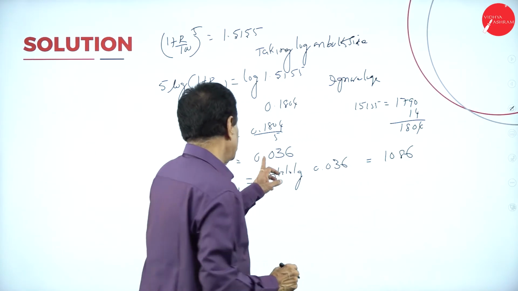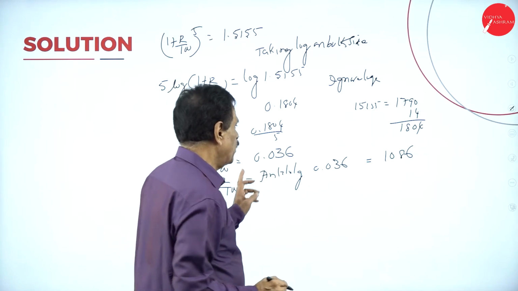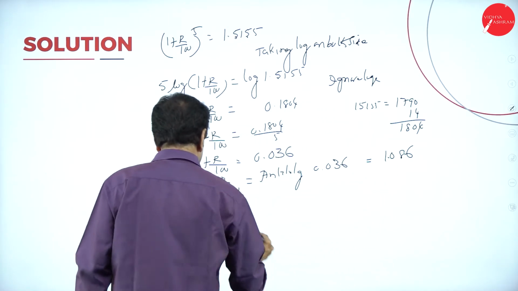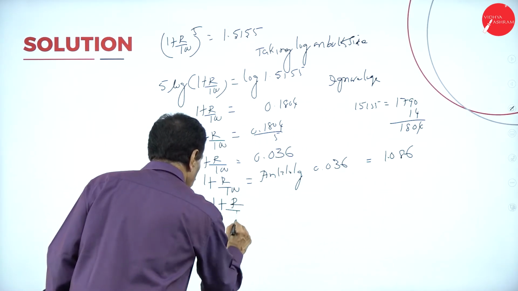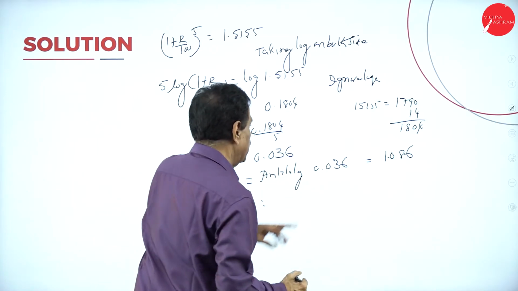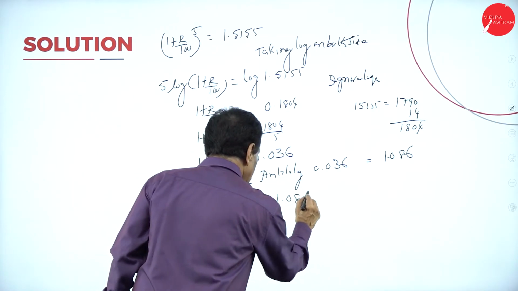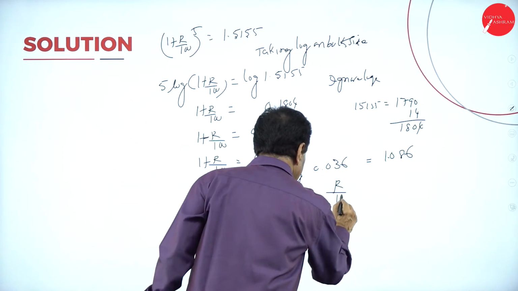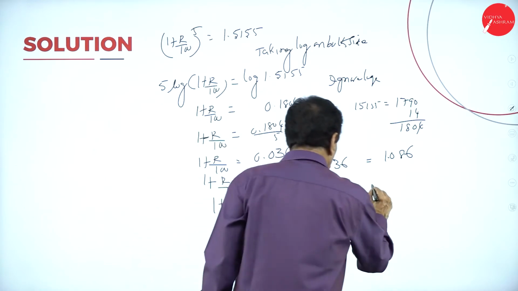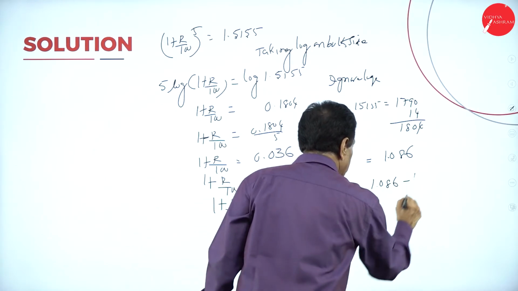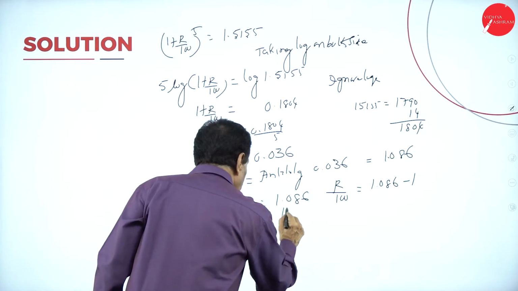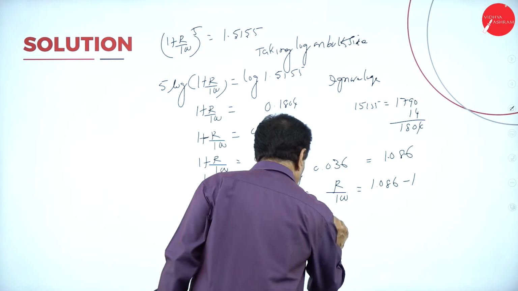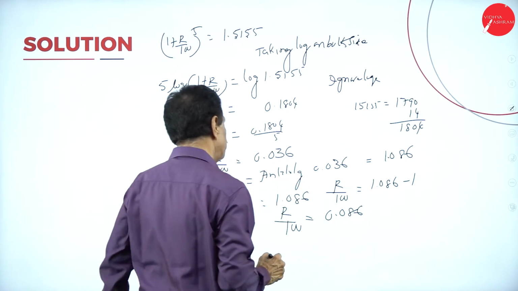1086, so with the characteristic 0, it is 1.086. So 1 plus R over 100 is 1.086. Take the 1 to the other side: R over 100 is 1.086 minus 1, which is 0.086.